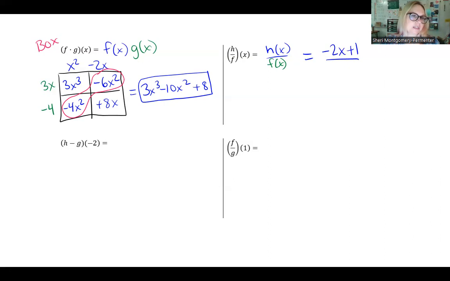And then f of x is x squared minus 2x. And we're going to call it a day. We're not going to divide. Done.